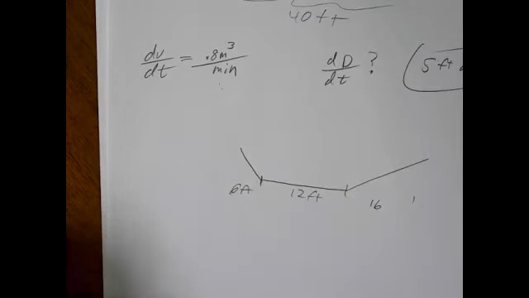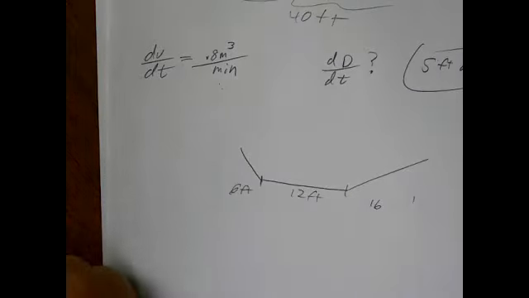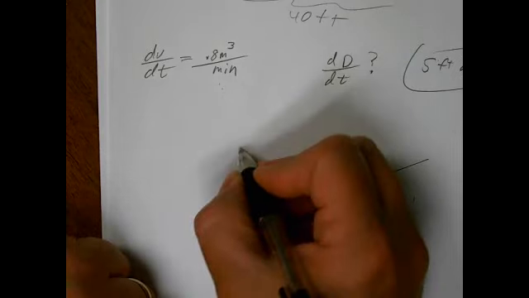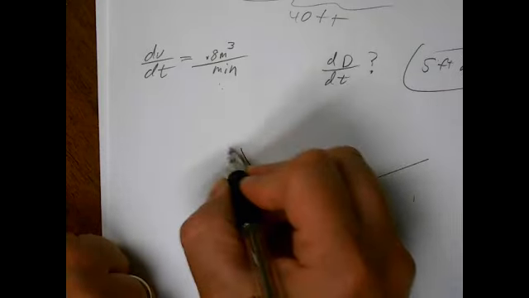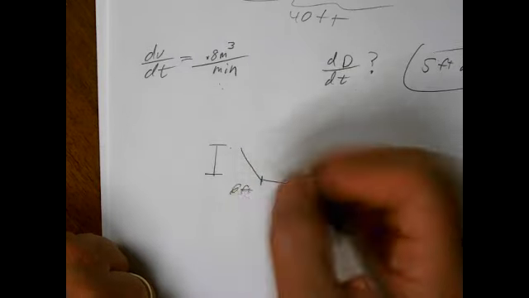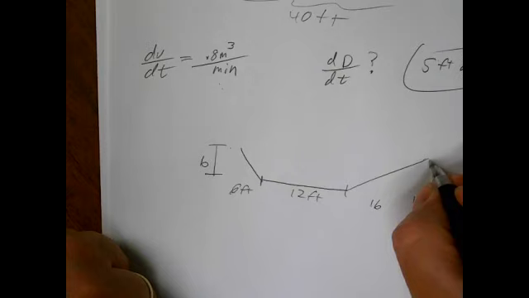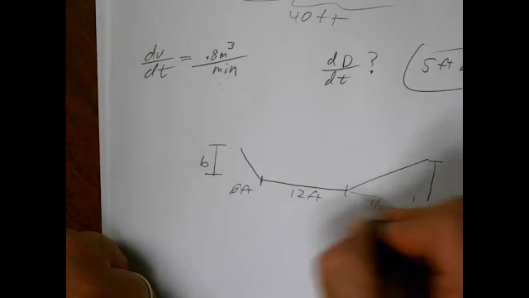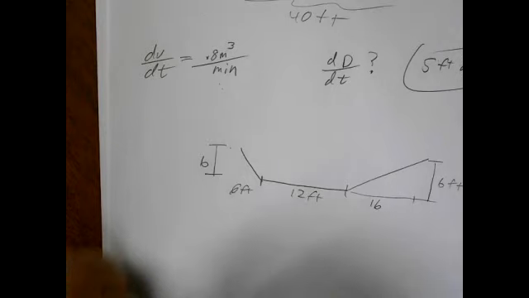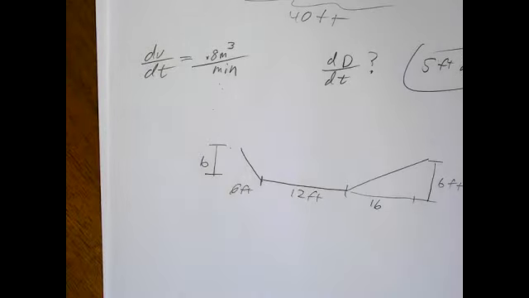All right, the last 6 feet of the pool, which was up here, doesn't even matter because the water is not there. It has not reached that point. Okay, because I know that up to this point here it's only 6 feet. So from here to there is 6 feet, and we're only looking at a 5-foot depth.